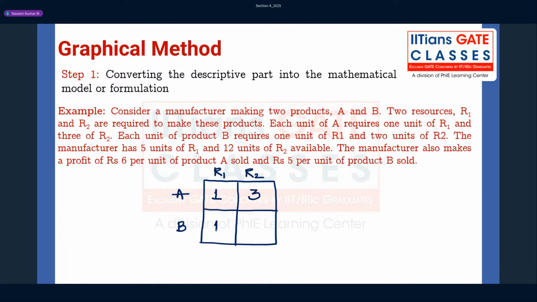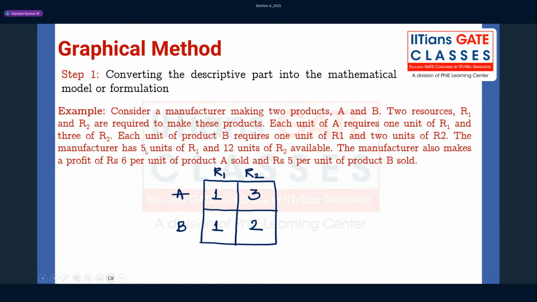So 1 unit of R1 again, 2 units of R2. So this is the thing. Now, whatever I have filled inside are the units that are required correspondingly. Corresponding resources are required for the corresponding product. That is the meaning here.